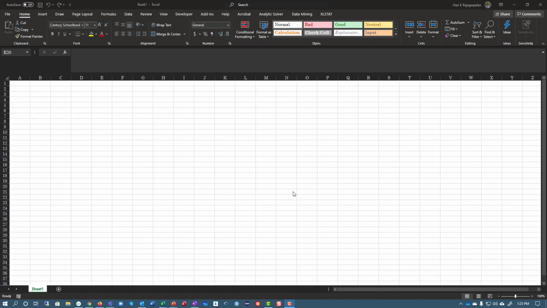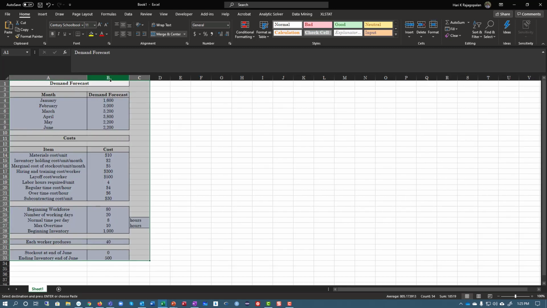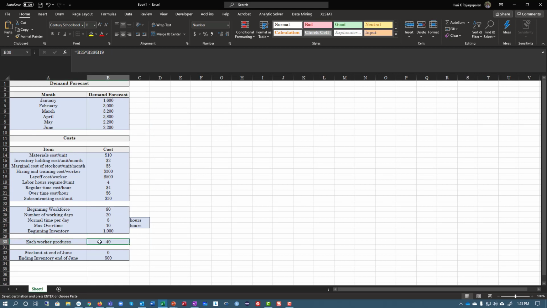So the first step when we start working in Excel is to get our inputs all in one place. The inputs include your forecast, your costs, all of that, so please copy it down and put it right here. This is a cell which you need to calculate: what each worker produces.